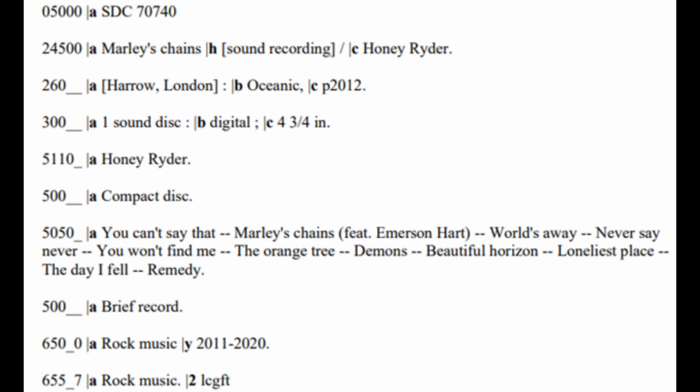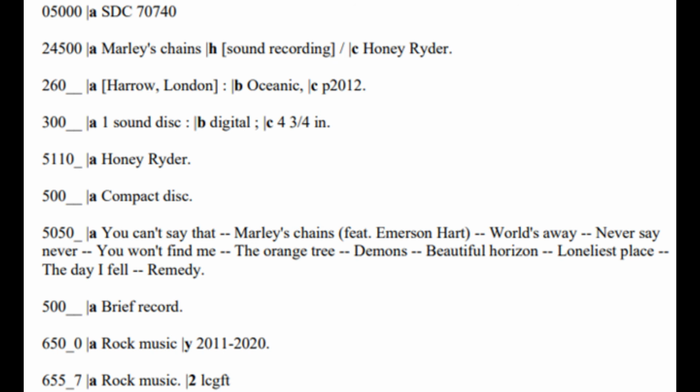Then 505, we have here again tag 505, that is the content note area. You can indicate all the titles from the disc. And then you can also put in other important information that your users or your researchers might need. Then we have tag 650, with the second indicator 0 again for the Library of Congress subject headings.